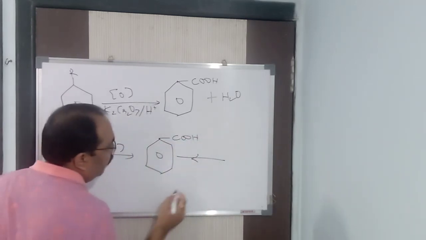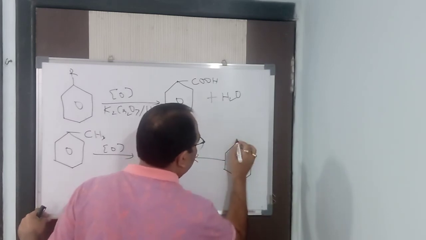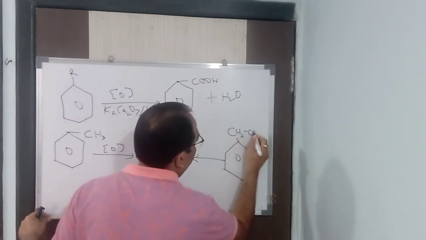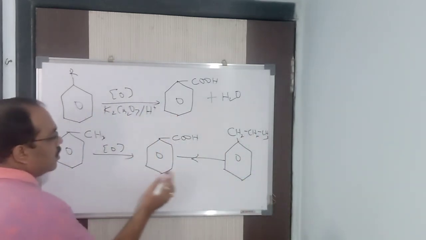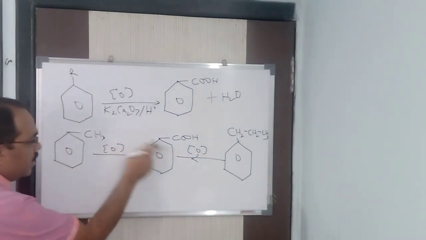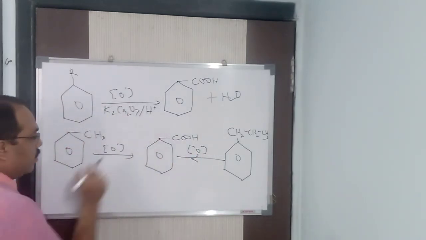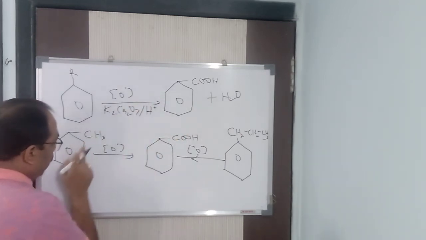Now if you take CH2, CH2, CH3, then also you will be getting benzoic acid. Now this toluene gives benzoic acid, that is one carbon is there and the remaining will be water, as I have written here. This is toluene.